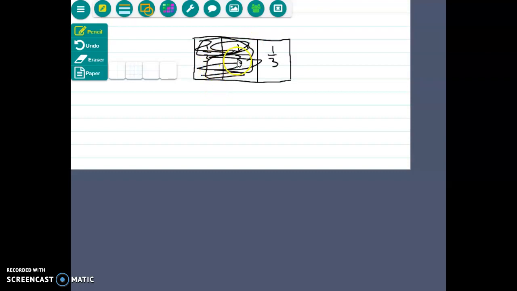We have 1/3 here, 1/3 here, and 1/3 here. But if we're just looking at these two, what part is shaded? Since it's 1 here and 1 there, the answer would be 2/3. And if you said that, you're absolutely correct. You're already on your way doing fractions. So we have 2/3 of our rectangle shaded, and 1/3 is still left unshaded.